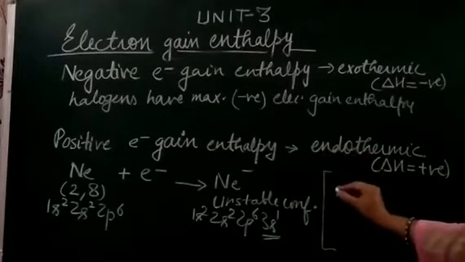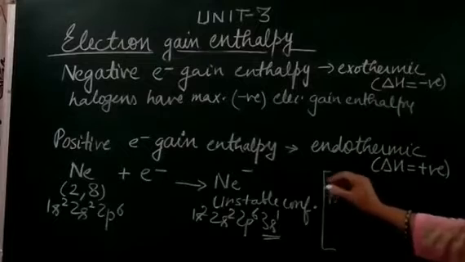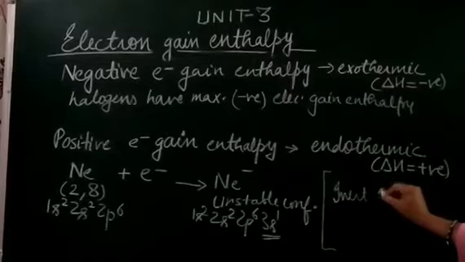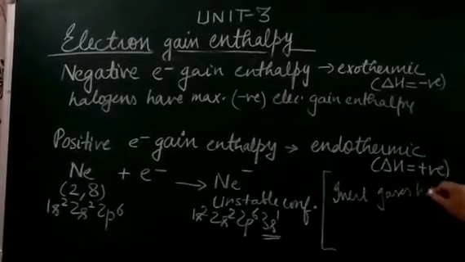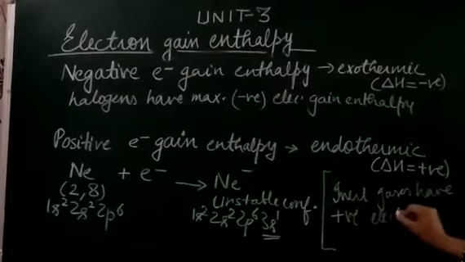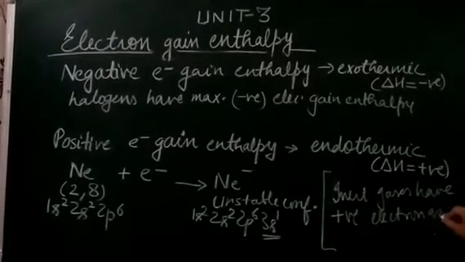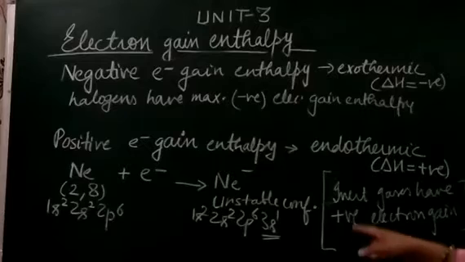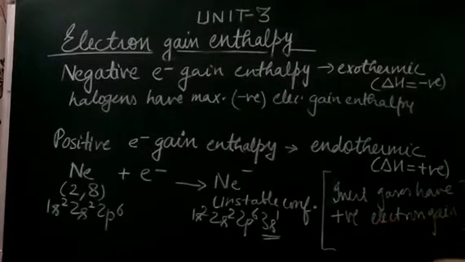The inert gases, not halogens here, have the highest positive electron gain enthalpy, because the electron is being added to the higher shell. They have a large value of positive electron gain enthalpy.